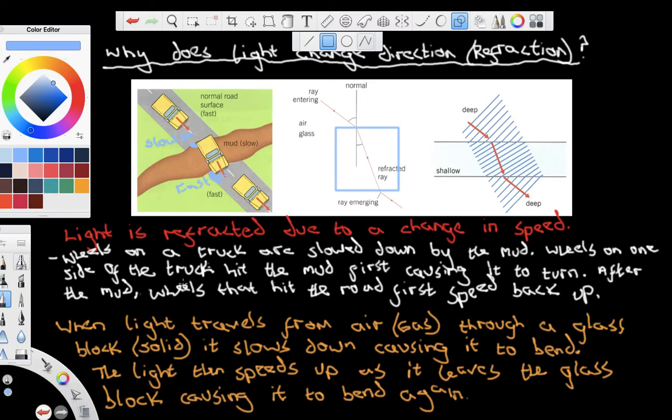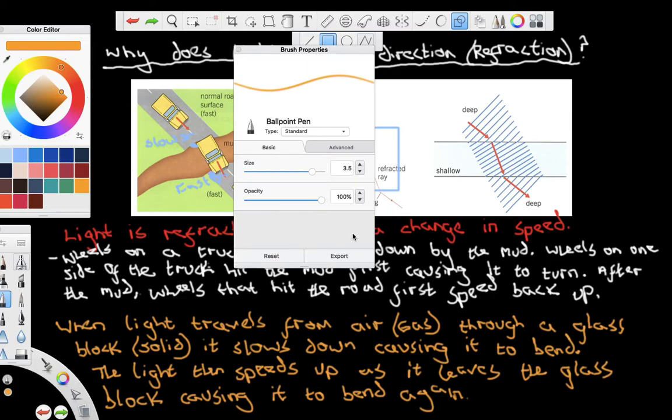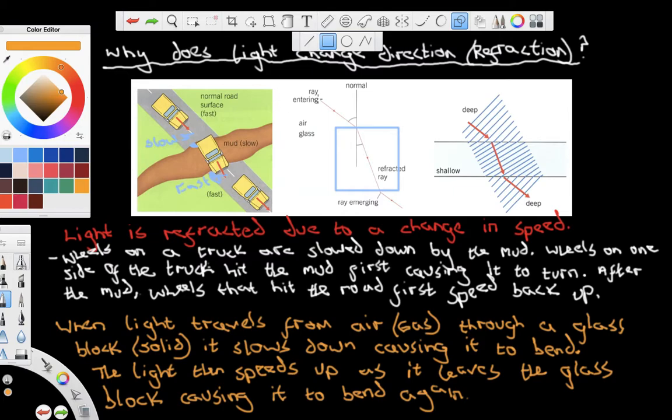On the outside of the glass block, we've got air. Oh, no, we don't want that. Go back to our pen. Oh no, what have I done? It's okay, we'll sort it. So I want to turn that off, that's it. Oh no, where's my box gone? There it is.